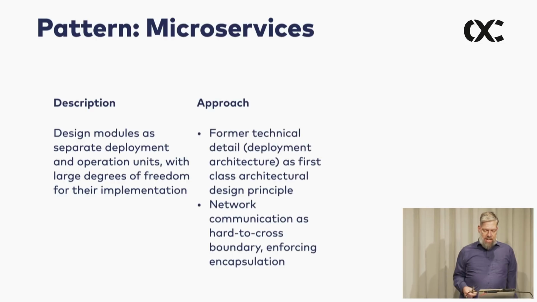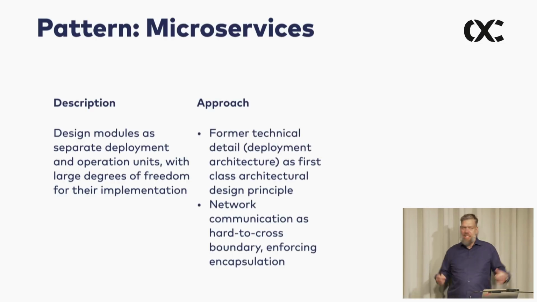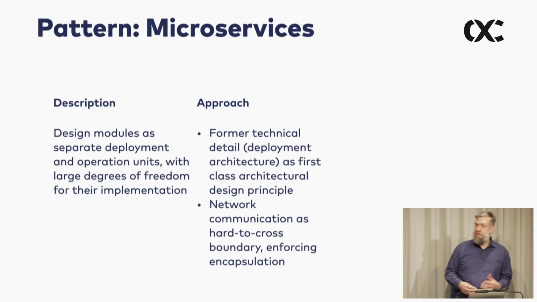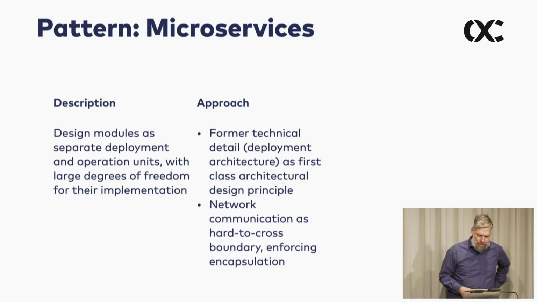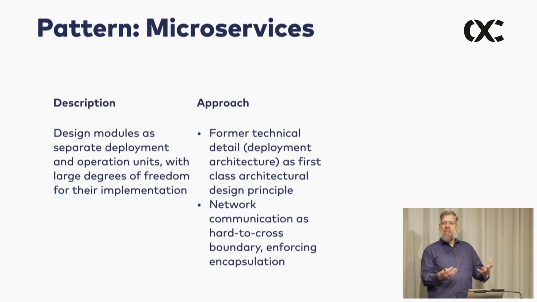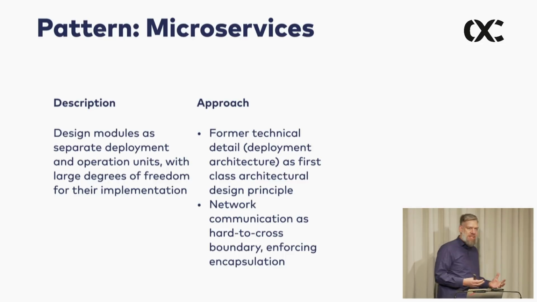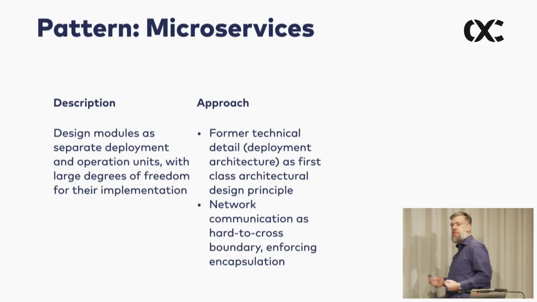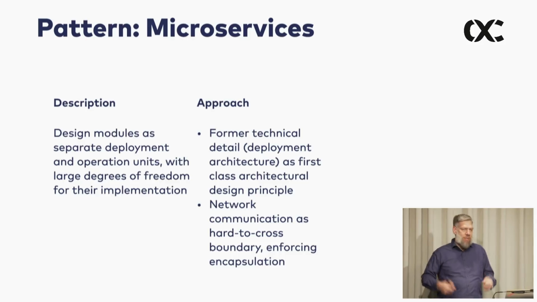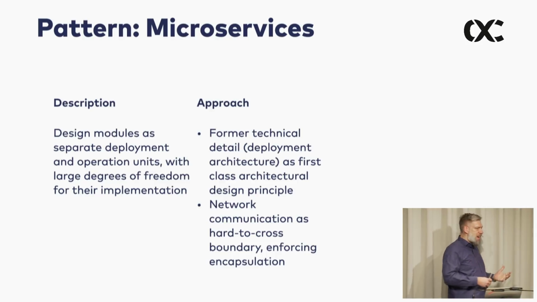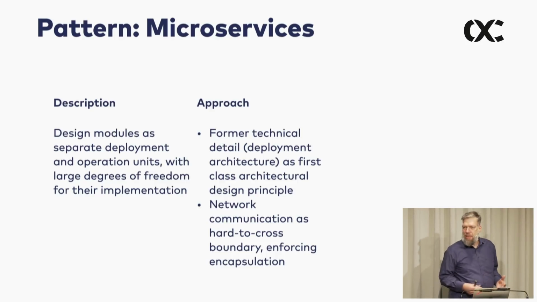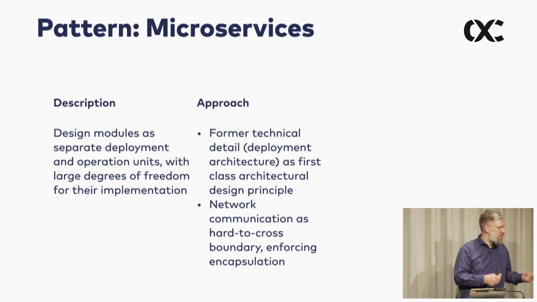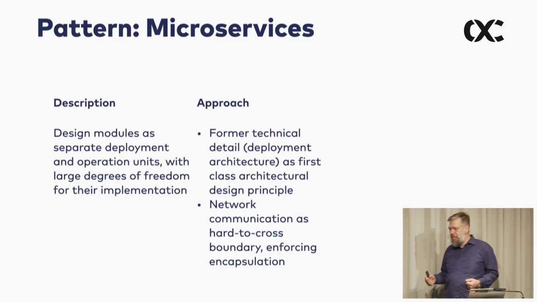So technical deployment architecture becomes something that you very explicitly do as part of designing your system, right? Network communication gives you a boundary between those things, so it isn't as easy as it used to be to violate those rules. You build those modules, and you don't just have to do the right thing. You actually are sort of encouraged to do the right thing because it's harder to do the wrong thing, to cross the boundary, right? It makes it a little hard. At least it should.